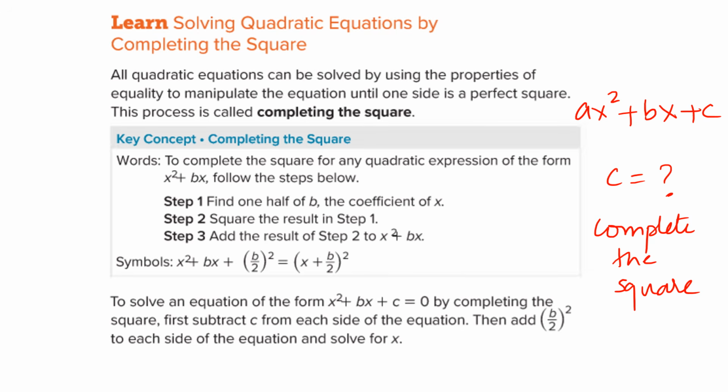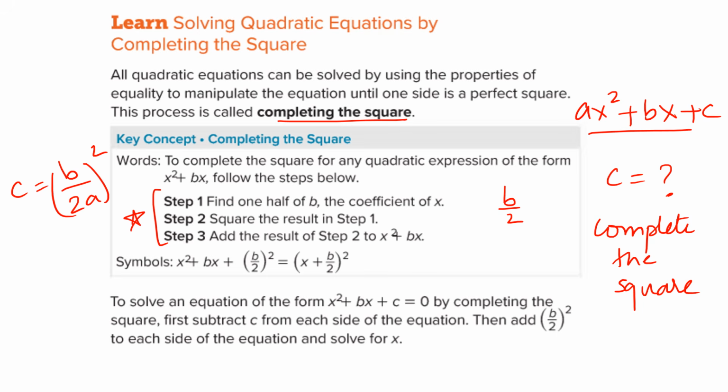So the moment you see these words, the moment you see this equation, you have to remember these steps. This method which I'm now explaining is called completing the square.